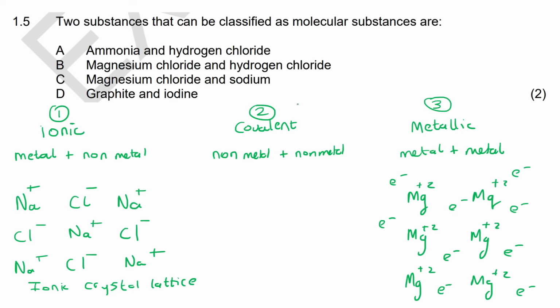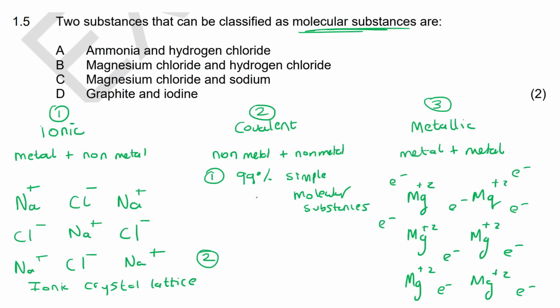Now, with covalent, there are two different types. There's two different ways that covalent substances exist. 99% of all covalent substances exist as simple molecular substances. And that's what this question is talking about. Molecular substances. And that just looks like this.